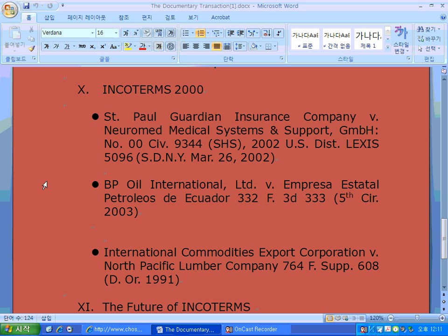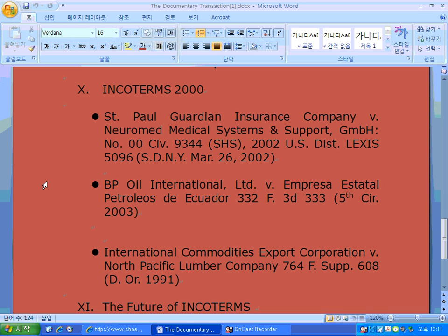It is actually the norm which stipulates the rights and duties according to trade terms. We identify certain terms in bigger categories: E terms, F terms, C terms, D terms.